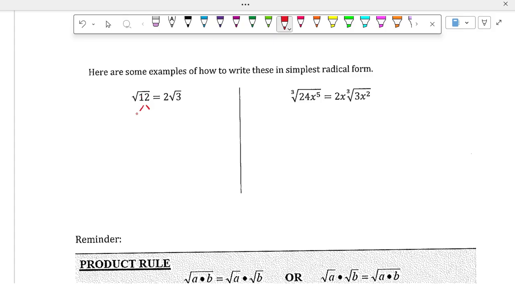You find the largest factor that's a perfect square. You could also do a prime factor tree if that's more your cup of tea. Which one do you want me to do? Prime factor tree or the perfect square method? Perfect square? Okay. So what's the largest perfect square that'll go into 12?